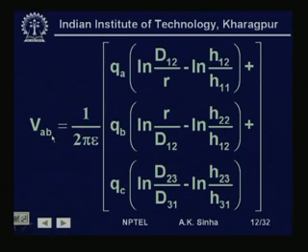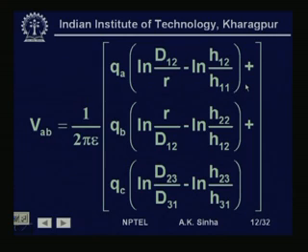Now, we can calculate the voltage between two phase conductors. So, we will calculate the voltage VAB, the voltage between conductor A and B, and this will be given by 1 by 2 pi epsilon into, due to charge on conductor A, that is Qa, ln(D12/R) minus ln(H12/H11).